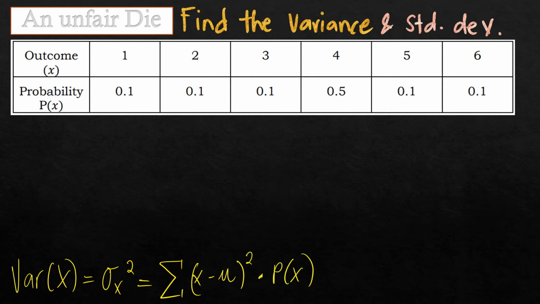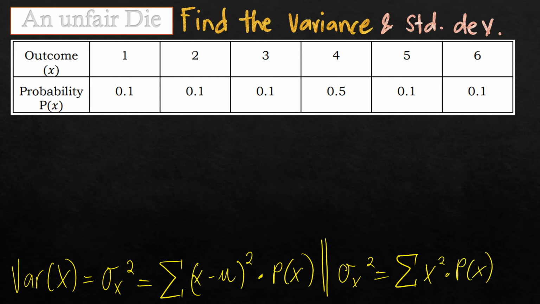That is what we learned previously. Now I will teach you another theorem regarding variance. Variance can be solved with another formula, and that is sigma of x squared is equal to the summation of x squared times p of x, then minus the quantity mu squared.